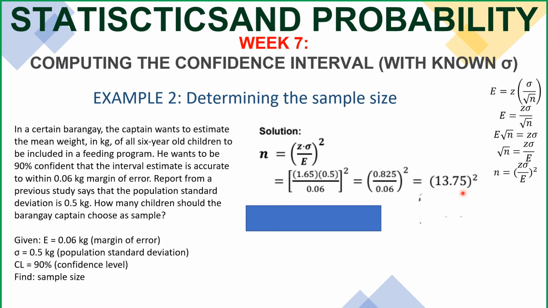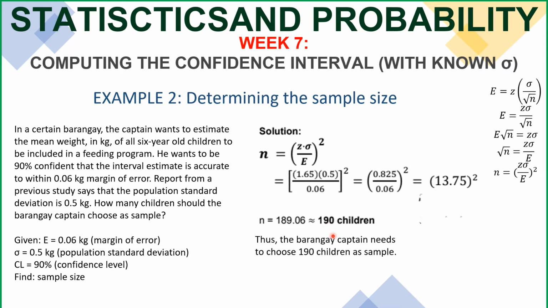And 13.75 squared is equal to 189.06. Therefore, our sample size is approximately 190 children. Thus, the barangay captain needs to choose 190 children as sample. So, ganun lang. Any question?